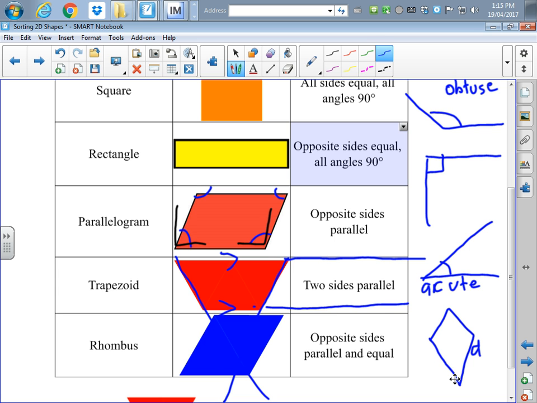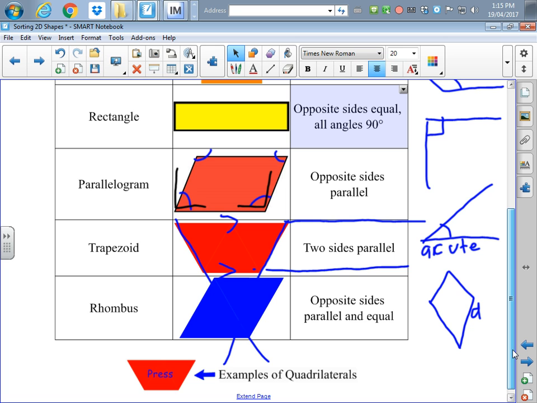Okay? And a rhombus has equal sides and opposite sides are parallel. So this side is the same length as this side and it's parallel, and this length is the same length and it's parallel.